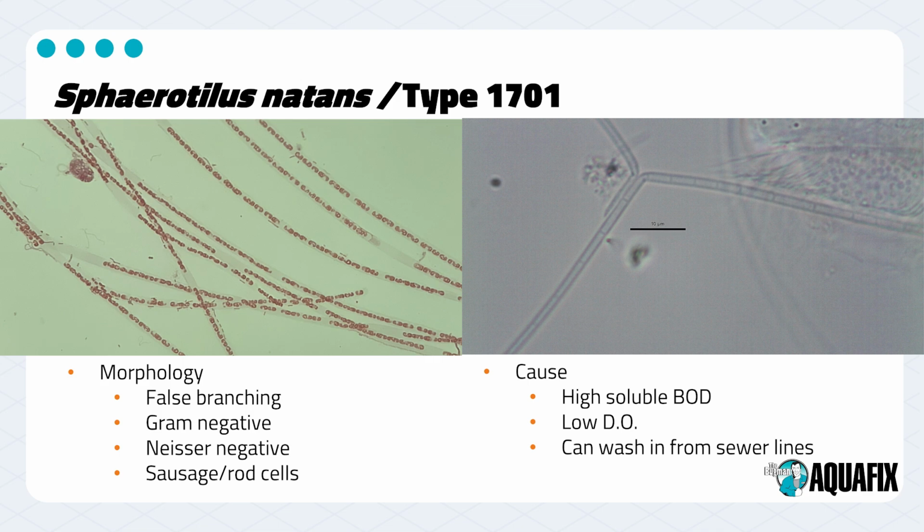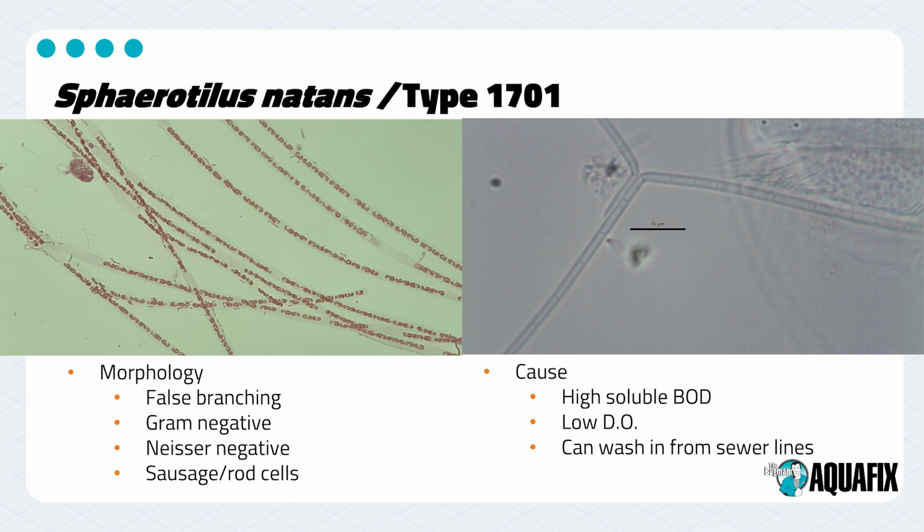You can see this very clearly in the right-hand picture, where when you're zoomed out, it would appear that this filament branches, but as you look closer, you recognize that it's actually two distinct filaments that are laid right next to each other and then diverge, as opposed to being truly a single cell which has branched into two more cells. It is a sheathed filament with sausage rod-like cells, and it is gram-negative.